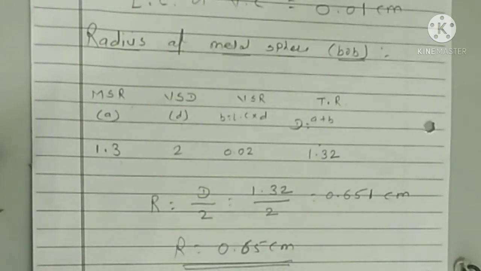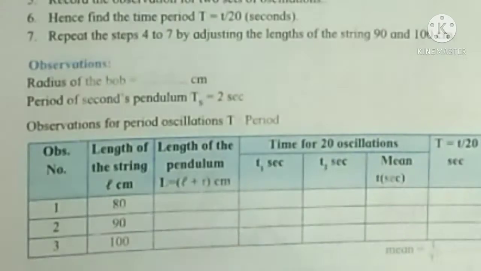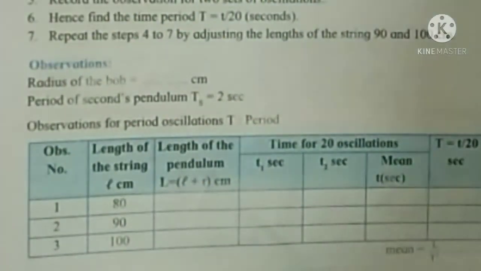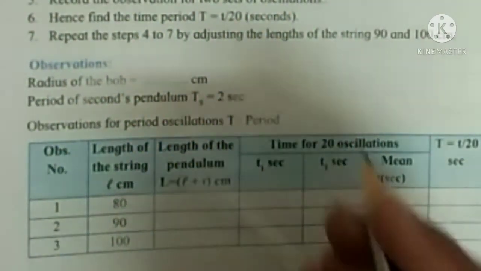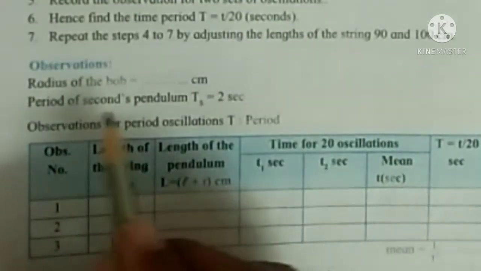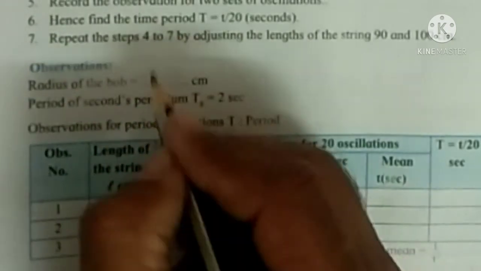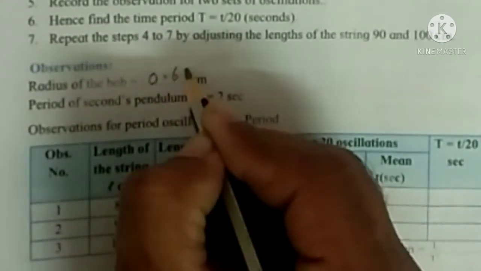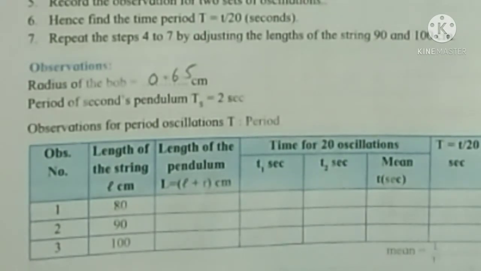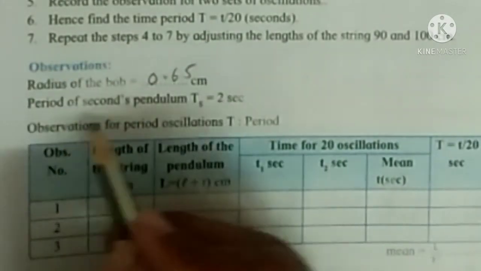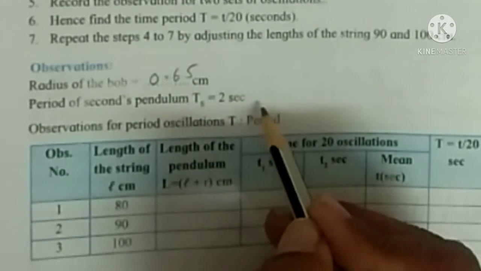Now we write this reading in the observation table of the seconds pendulum. Here the radius of the bob is 0.65 centimeter, and the period of the seconds pendulum is given as 2 seconds.